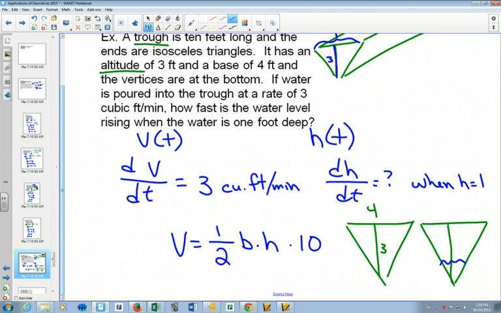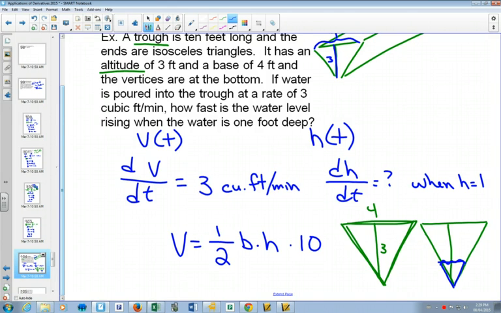We could find out what they are at that point, but that doesn't help us with the formula. The thing I want you to notice, though, is this large green triangle. What does that have to do with that triangle right there? They're similar triangles. One is going to be a factor of the other one. They're going to have the same ratio of all their sides.